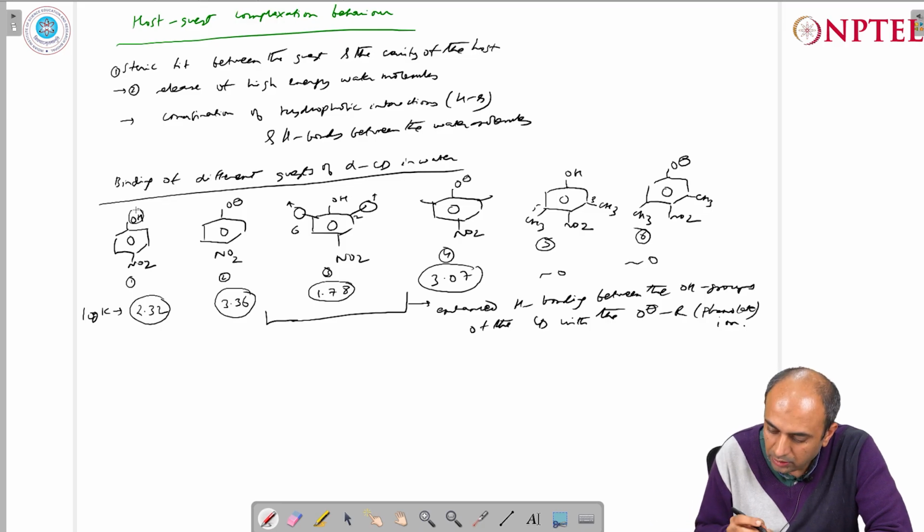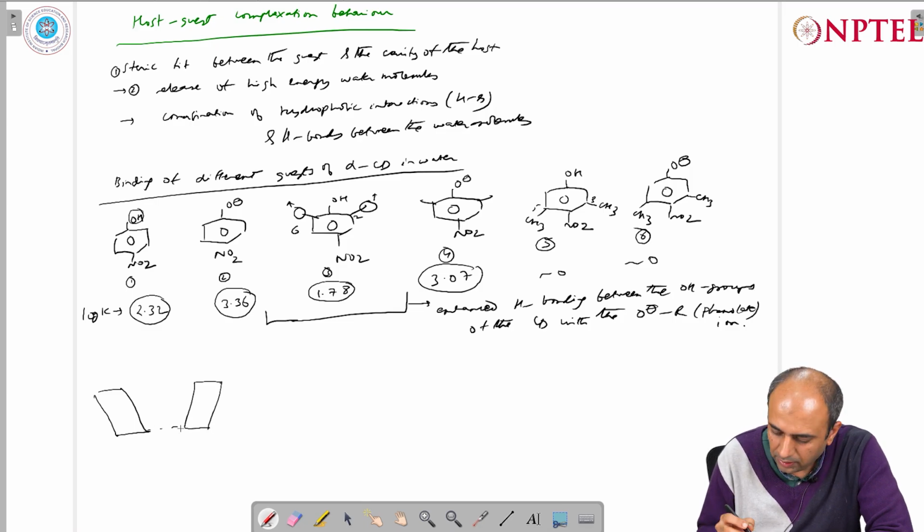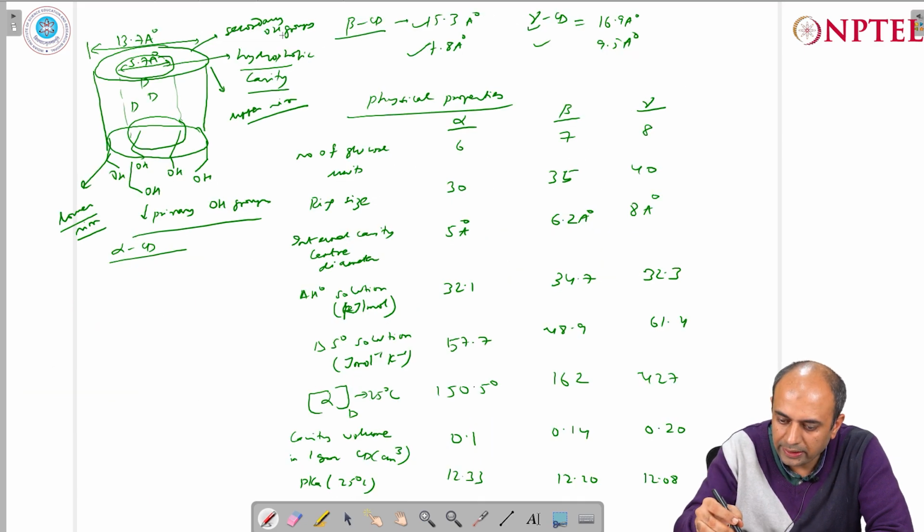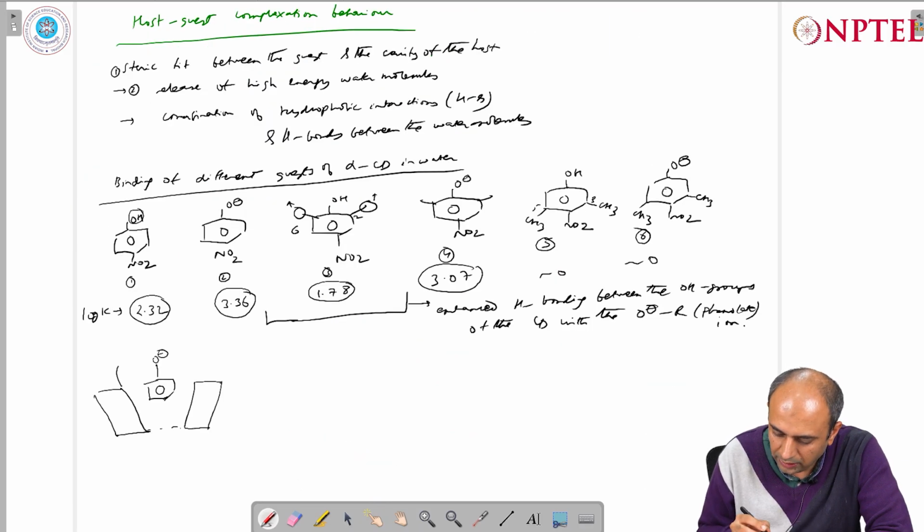So what is the structural model which has been proposed to account for this thermodynamic data? It is as follows. Let us consider this to be the cavity, and this is the molecule which comes and sits here. As you see in the structure I showed you, we have the secondary hydroxyl groups on the upper rim and the primary hydroxyl groups on the lower rim.